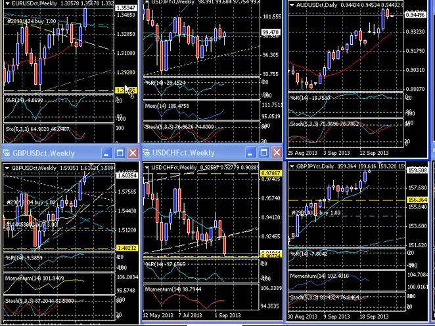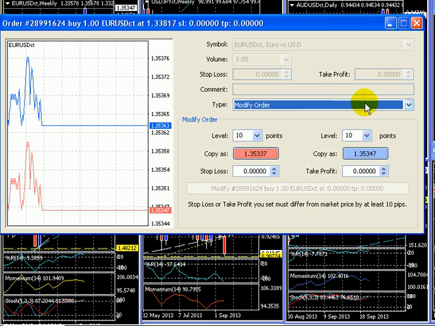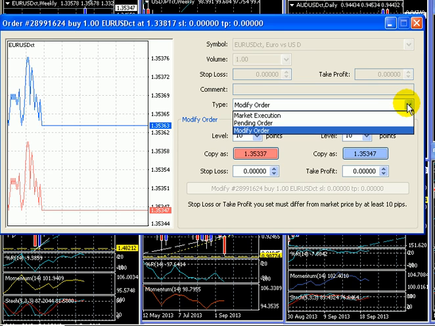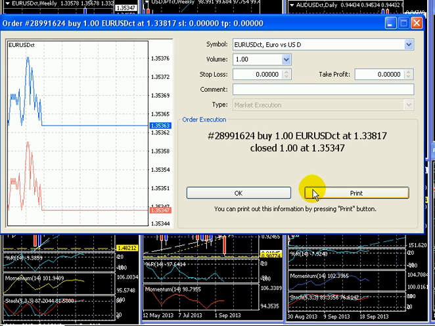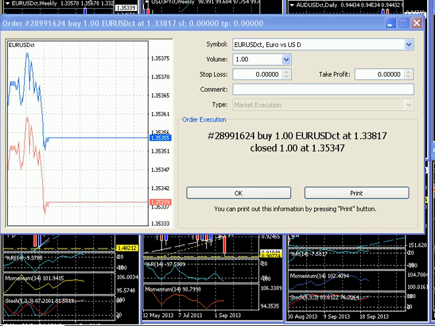And looking now at a short term position that we did on the euro, again, we will do the same process here live, closing it out on a market order, basically having it settled at 1.35347 at this time.